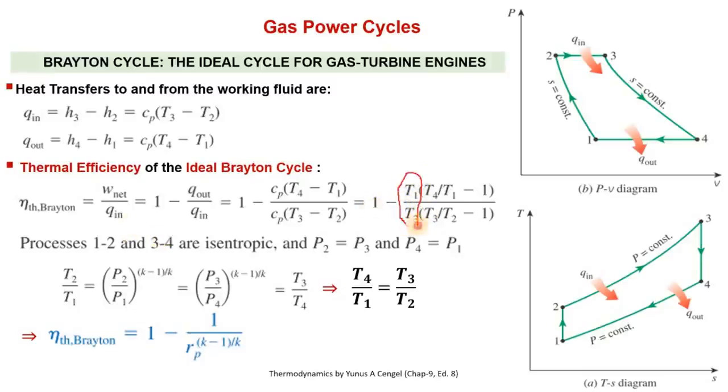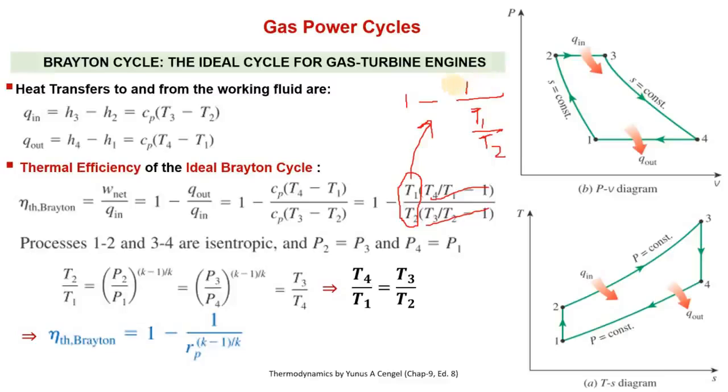this term, because this cancels with this one. This can be written as 1 minus 1 over T1 over T2.